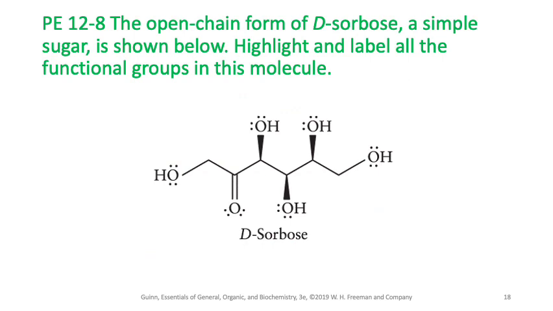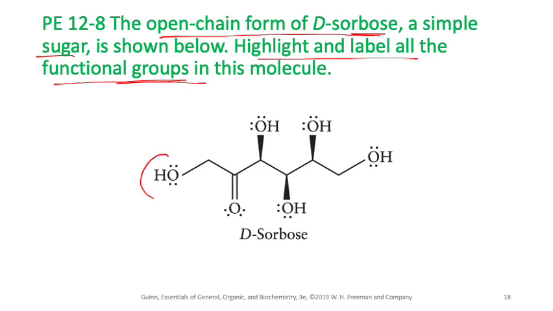So let's try to do this problem over here. The problem says the open chain form of desorbose, a simple sugar molecule, is given below. Highlight and label all the functional groups that we have. So let's see how many types of functional groups we have.